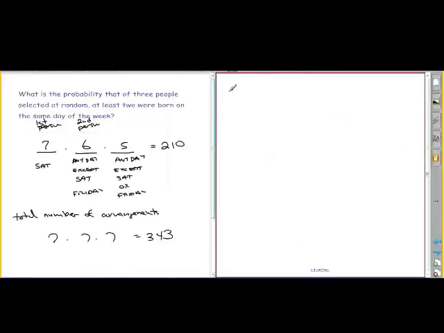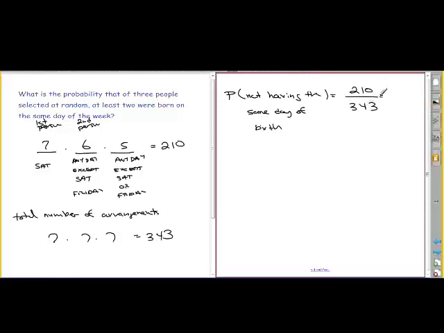So again, the probability of not having the same day of birth is going to be equal to the number of arrangements where the people don't have the same day of birth divided by the total number of possible arrangements.